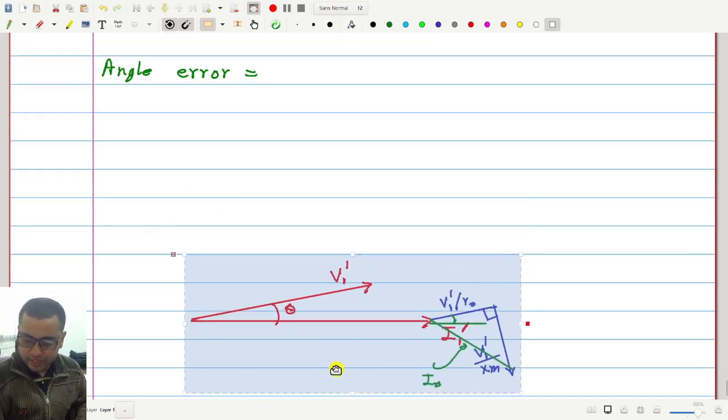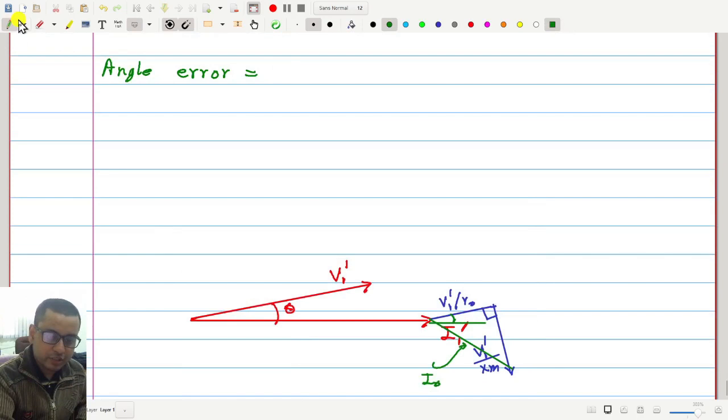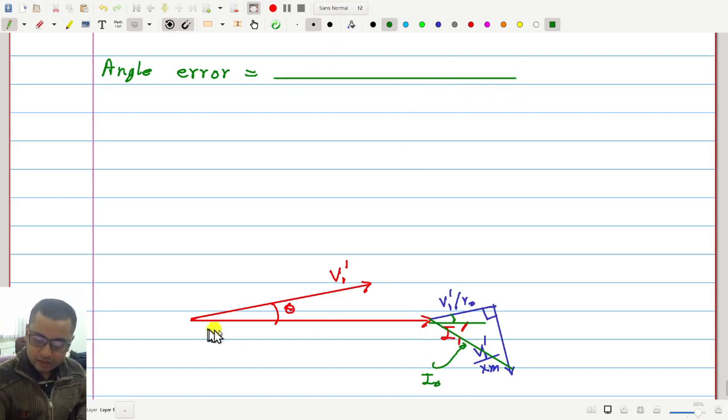Who can tell me the expression for angle error? Angle error will be how much? We have to find the component of this I naught in the vertical direction. Okay, vertical component of I naught divided by I1 prime.